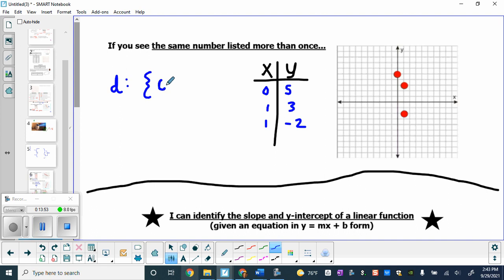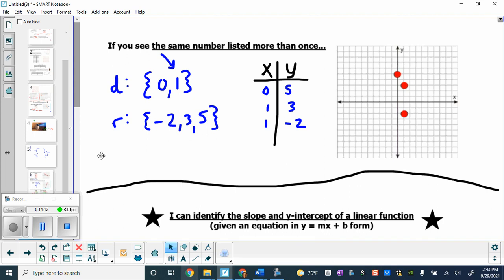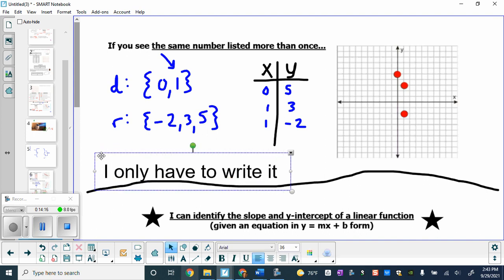So you can tell me that the domain here is a 0 and a 1, while the range is the -2, the 3, and then the 5. So if you see the same number listed more than once, you only actually have to write it once. And I might write that down if I were you.